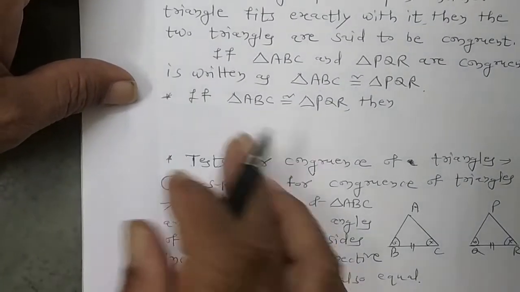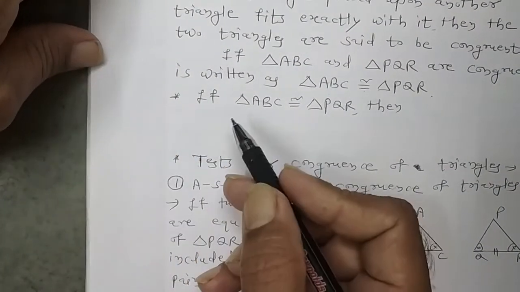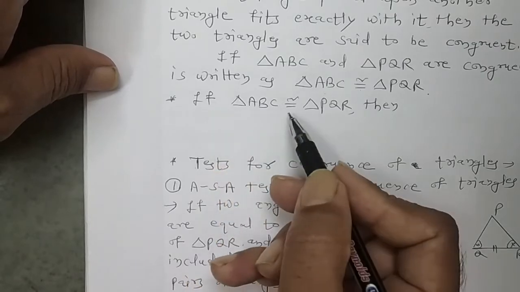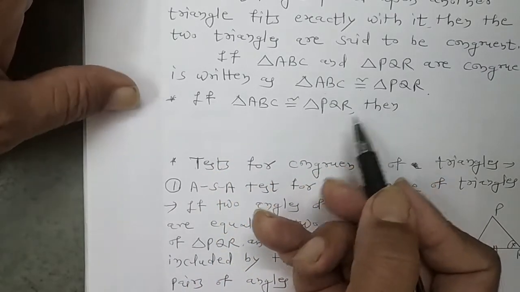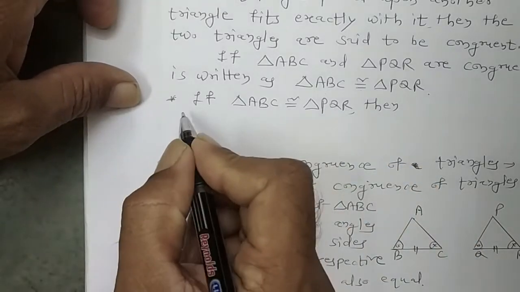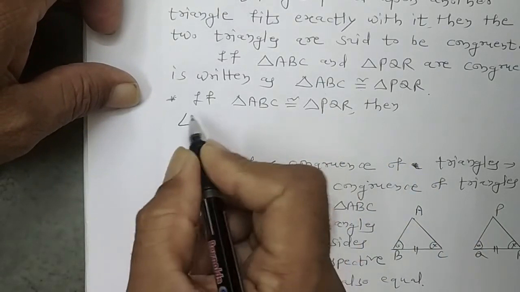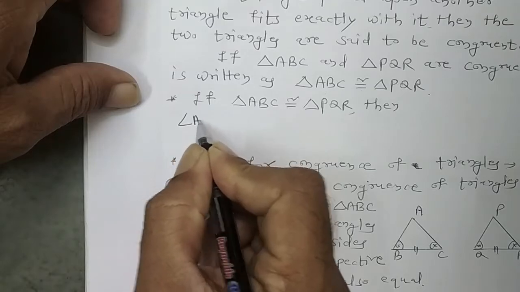Now if two triangles are congruent, that is if triangle ABC is congruent to triangle PQR, then their corresponding angles are congruent.